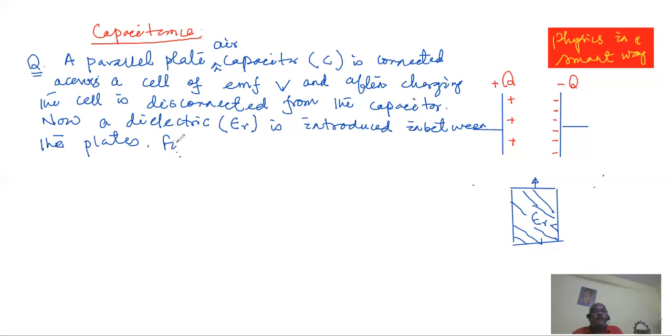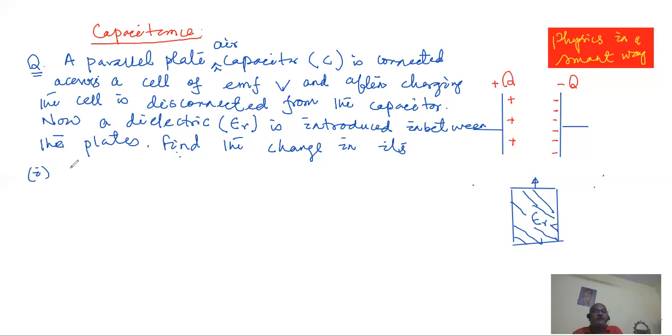Find the change in its capacitance. There are many questions that can be asked.